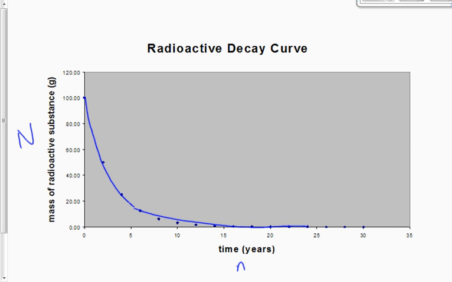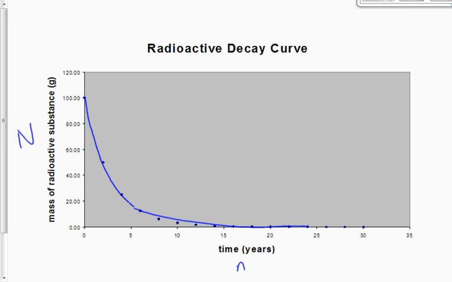Now, the bad news is, it's kind of an ugly shape if you want to analyze it mathematically. You have to straighten it using a logarithmic curve straightening technique, which you don't want to go there. The good news is, you won't have to do anything mathematical with it other than read things right off the graph itself.